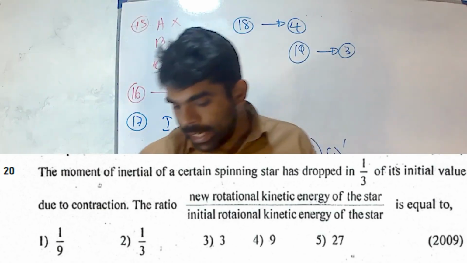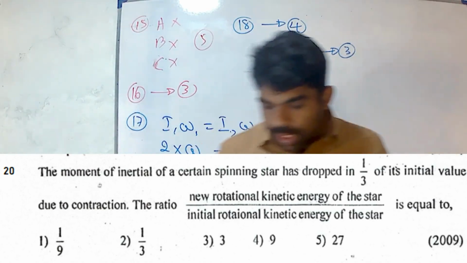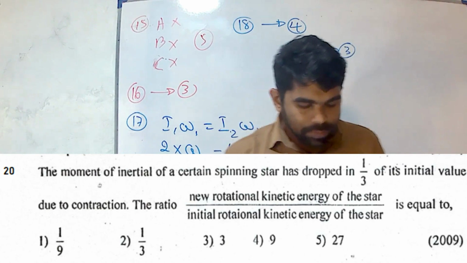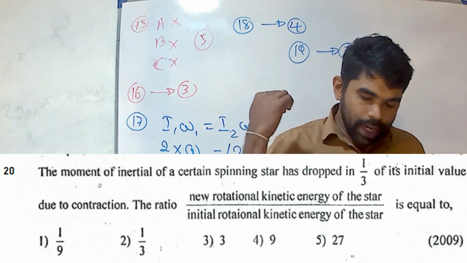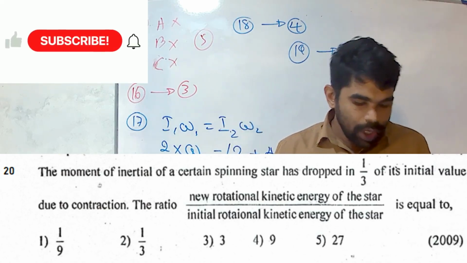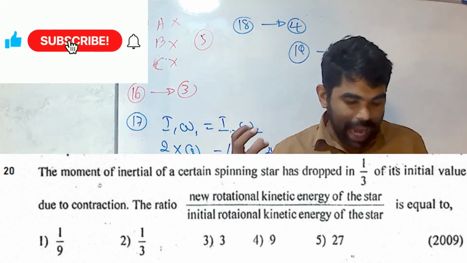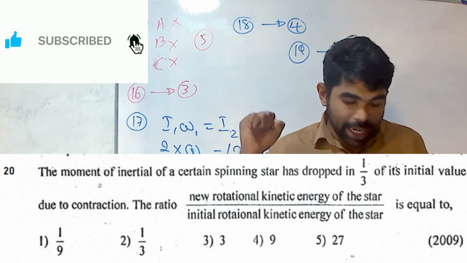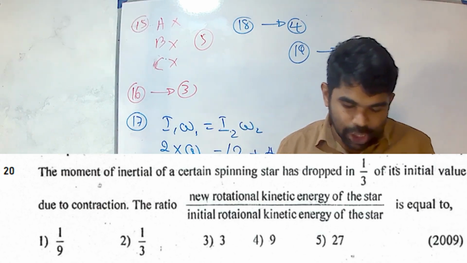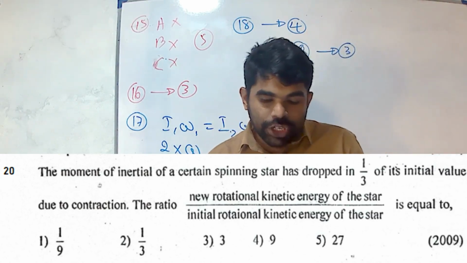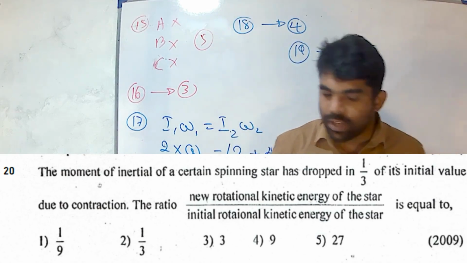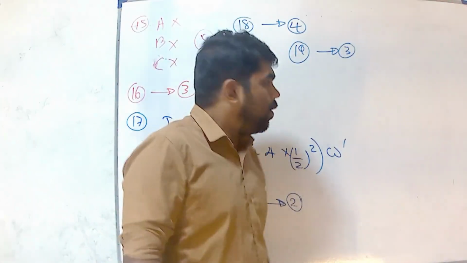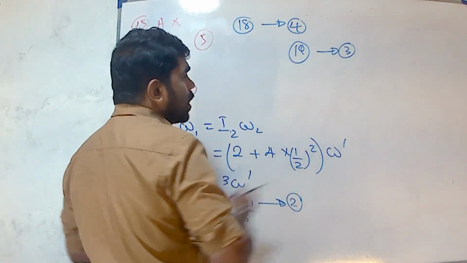Question number 20. The moment of inertia of a certain spinning star has dropped to 1/3 of its initial value due to contraction. The ratio of the new rotational kinetic energy of the star divided by the initial rotational kinetic energy of the star is equal to? We have to consider the kinetic energy.